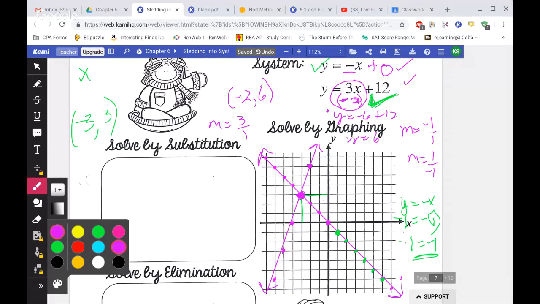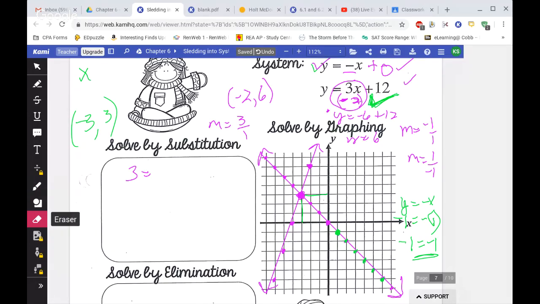We could actually take -3 and plug it into this equation. If I took 3 and plugged it into that first equation, that's a solution to that one.